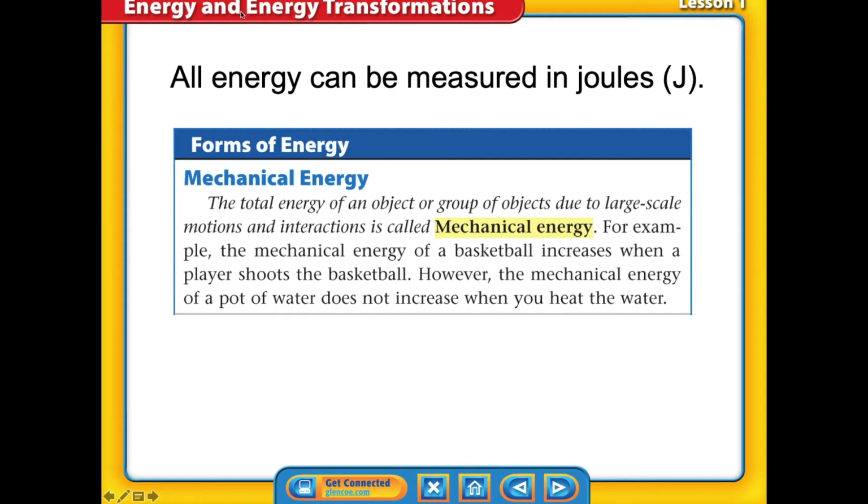So when I say mechanical energy, I want you to think of parts and pieces of something working together. For example, like a tractor engine. We know a tractor engine has many pieces and parts, and it moves the wheels and the gears of the tractor, and you have this group of objects and large-scale motions.